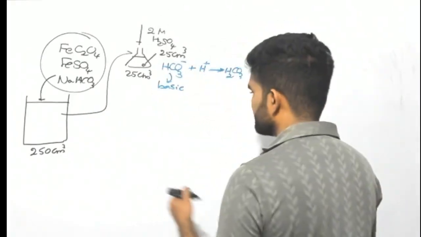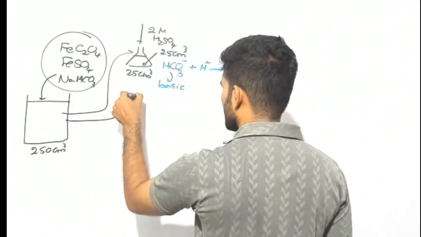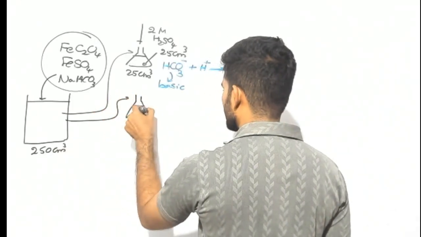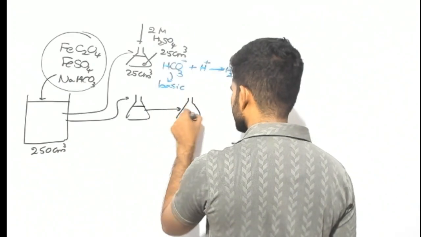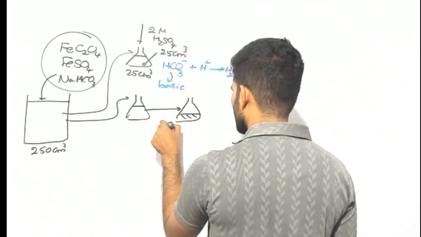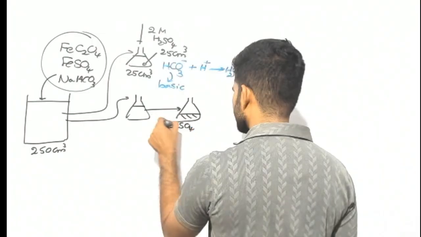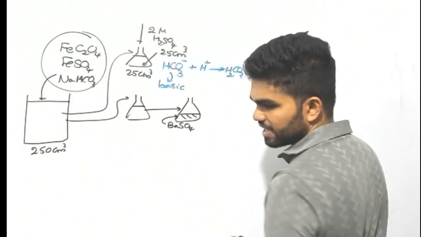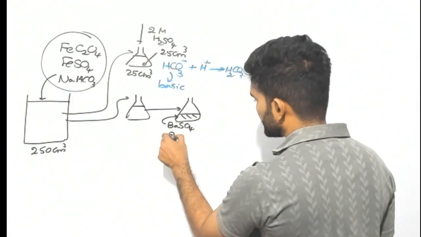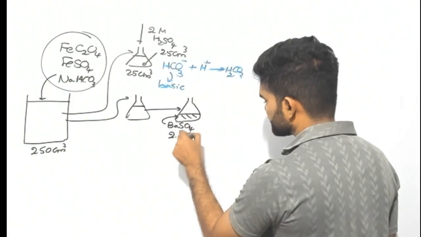Now you are getting a dry mass from another 25 cm3 portion. So you will get the precipitate barium sulfate. They gave the mass of that as 2.33 grams.